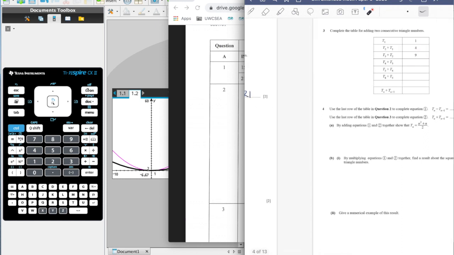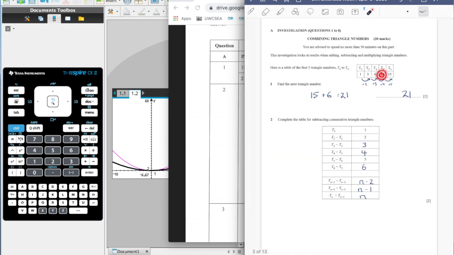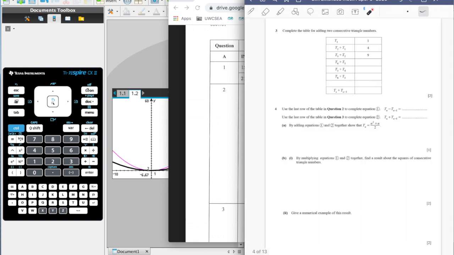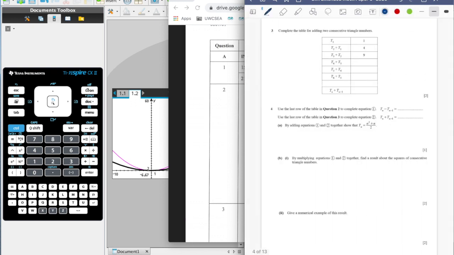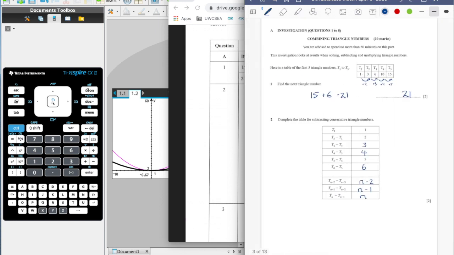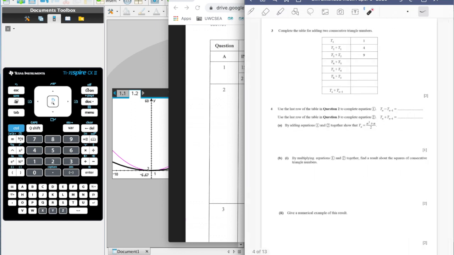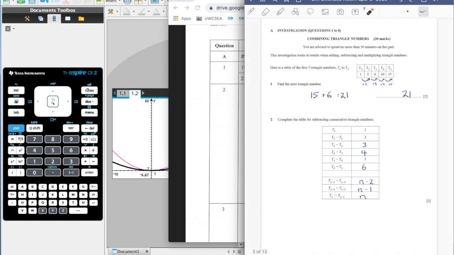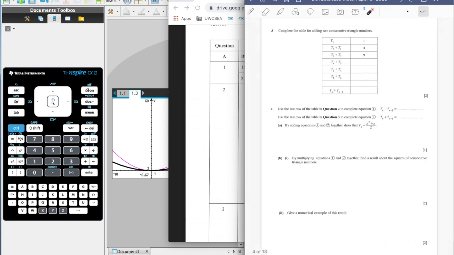Okay, so triangle 4 plus triangle 5, 10 plus 15, I reckon I can do. I missed one, have I? Yeah, I have missed one. Okay, so I'm actually doing here triangle 4 plus triangle 3, 10 plus 6, that makes sense. I think 10 plus 6 is 16.